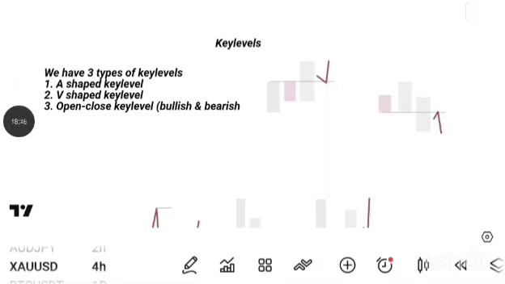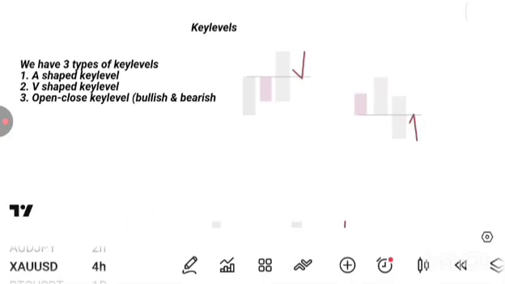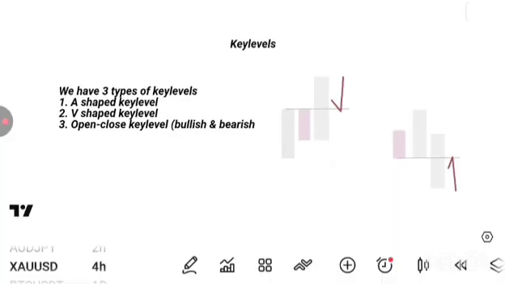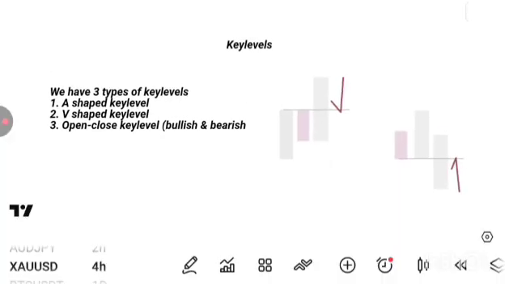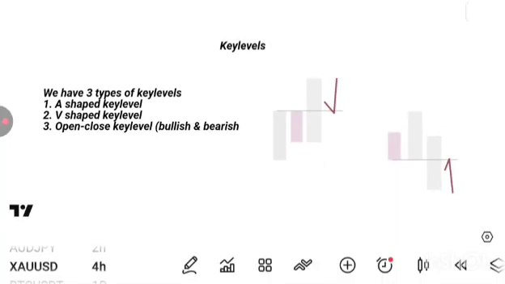So for an A-shaped key level, when it is proven otherwise, we don't want to use it for sales as it is normally used for. We then want to look at price in the opposite direction. Then for the V-shaped key level, which is normally used for buys in the market, when it gets disrespected, when it is proven otherwise, we don't want to look for buys.